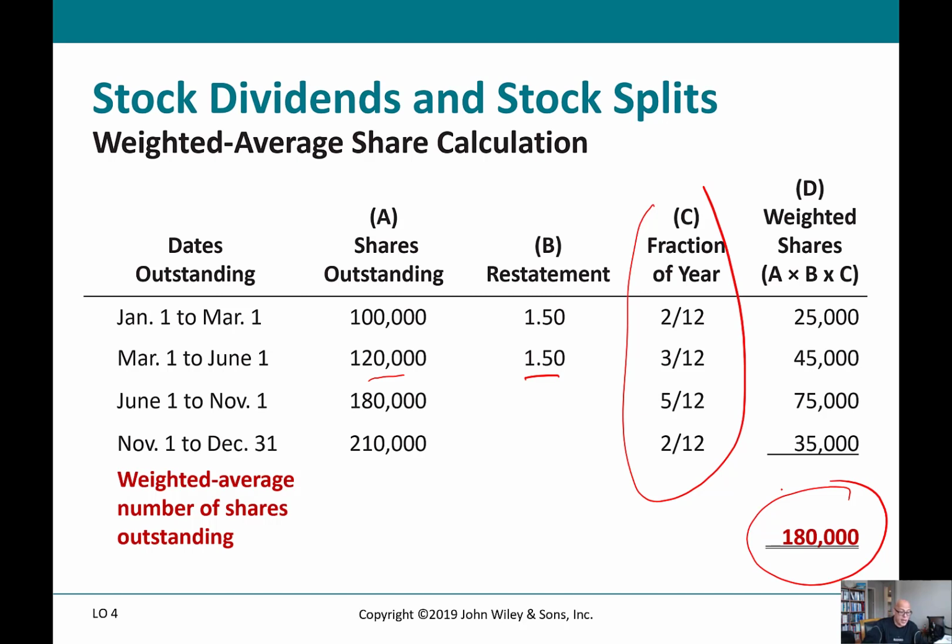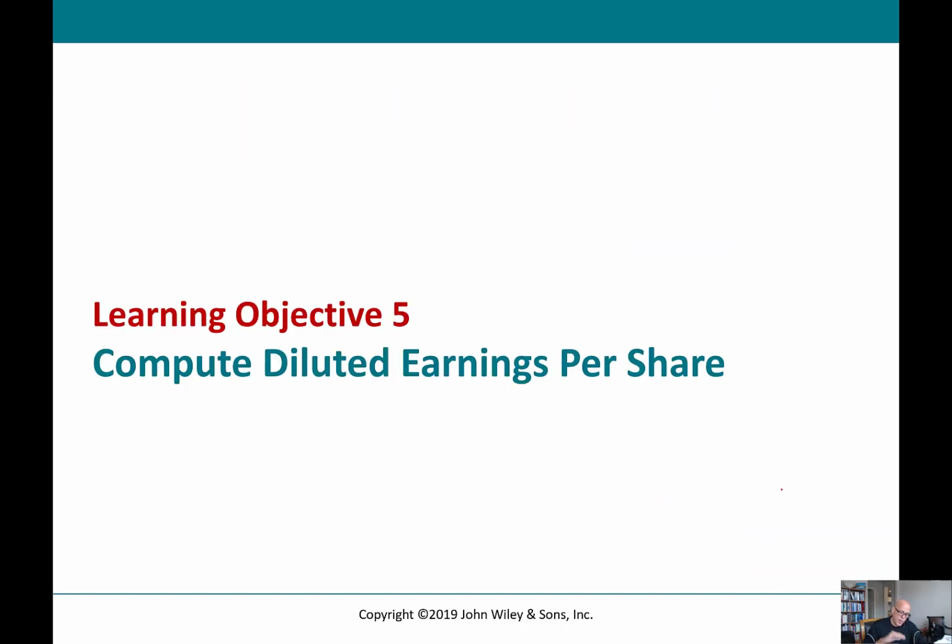We will use the weighted average in calculating my diluted, but now my diluted is going to have the potential where we're not only going to have impact on the numerator, but we could have impact on the denominator, because we assume that convertible bonds were converted to stock, that convertible preferred was converted to common stock, that any outstanding warrants were exercised. If there were options outstanding, those were exercised, etc.